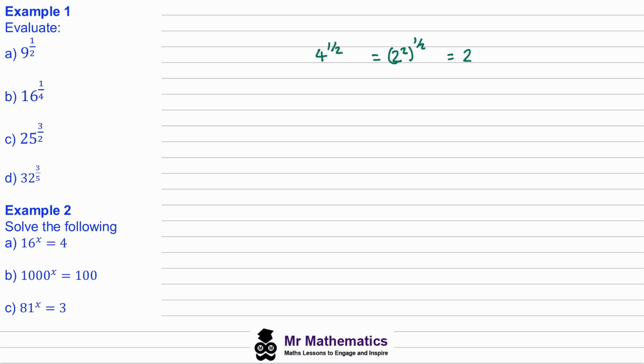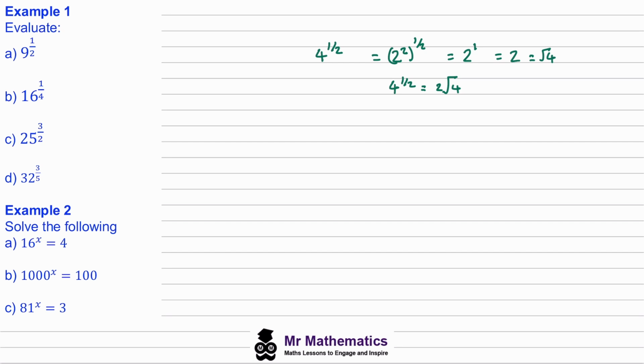So we'll have 2, and then 2 times a half will give us 2 to the power of 1, which we know is 2. But we also know that the square root of 4 is equal to 2. So this will also equal the square root of 4. So what this means then, if all of these are equal, then 4 to the power of 1/2 is exactly the same as the square root of 4.